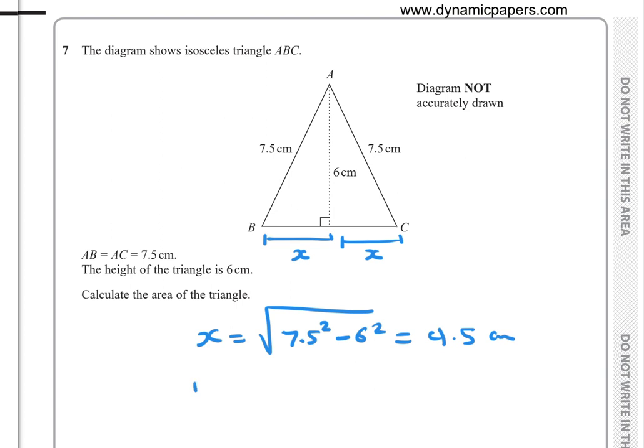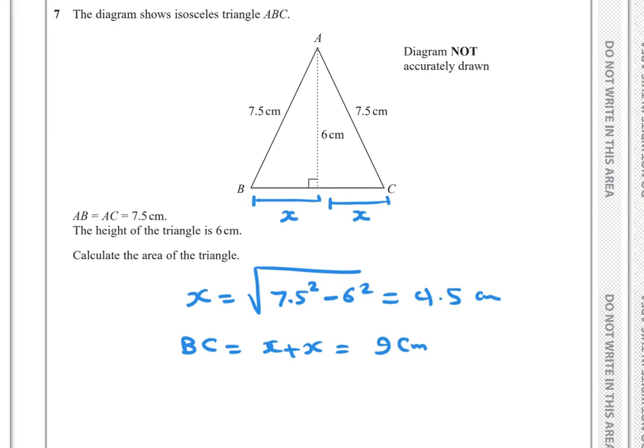So now the base BC equals x plus x, which is 4.5 plus 4.5 equals 9 centimeters. Now we have the base and the height, so the area of the triangle equals half times base times height equals 27 square centimeters.